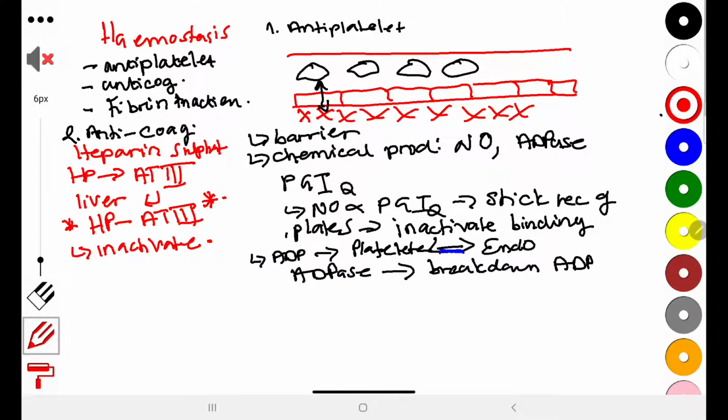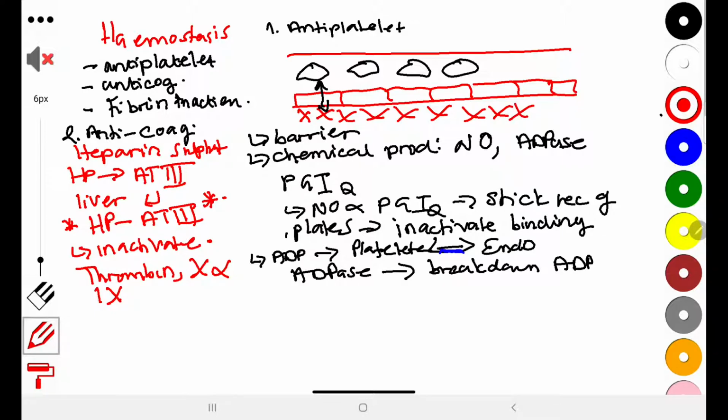These clotting factors are thrombin and factor 10 as well as factor 9. We also have another one. So this was the first one.